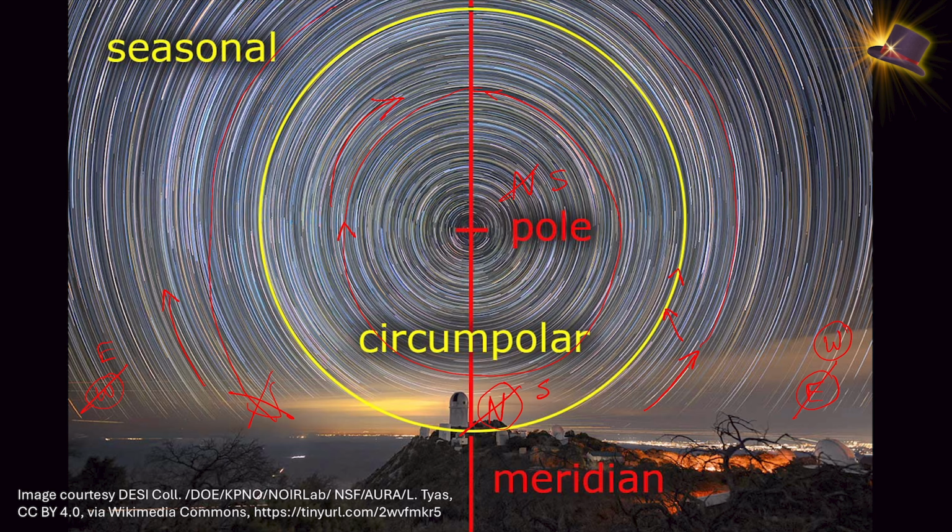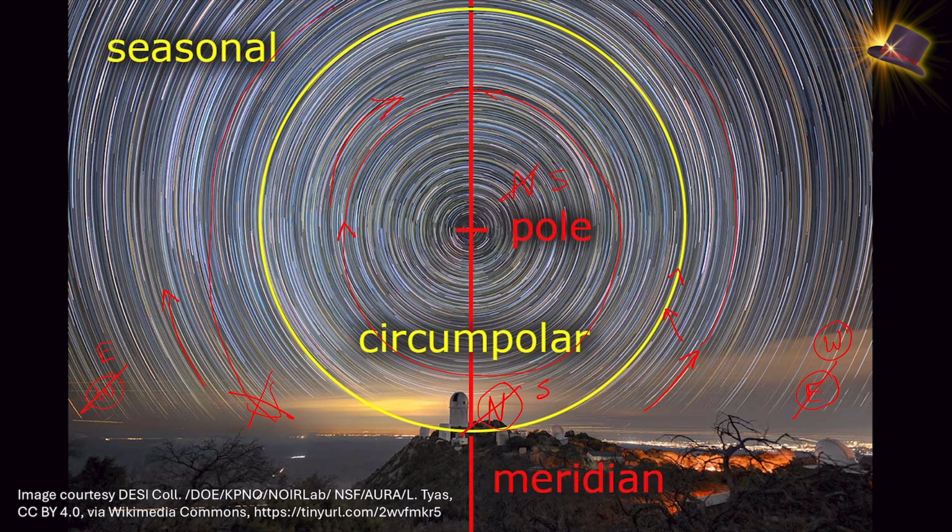But the important thing is that in the southern celestial hemisphere, you can see the southern celestial pole, and you can see circumpolar stars circulating around that southern celestial pole in a clockwise fashion. And again, just like in the northern hemisphere, stars are going to rise in the east and set in the west. That's the result of the Earth's rotation.